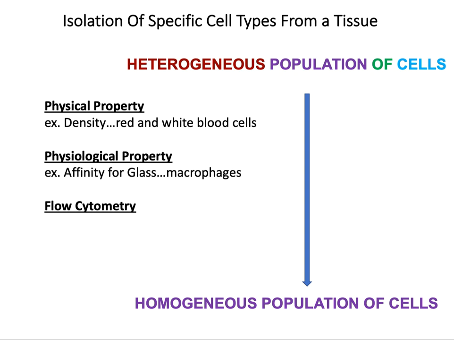For instance, if you have a mixed population of cells and within that population you have macrophages, the macrophages have an affinity for glass. So you take the mixed population of cells and expose them to a glass surface, allow the macrophages to adhere, and you can wash off all the other cells. This results in a fairly efficient purification of macrophages.